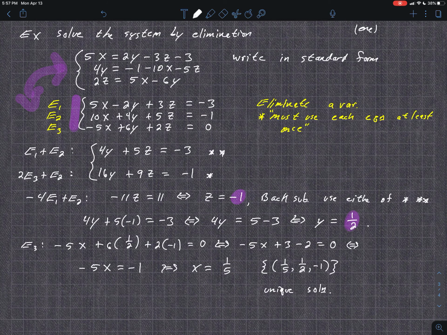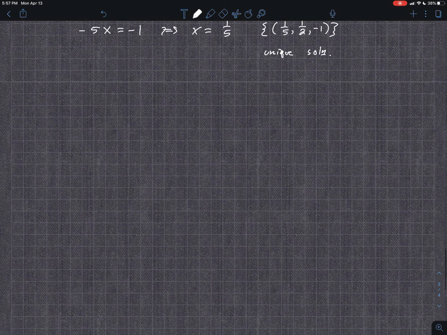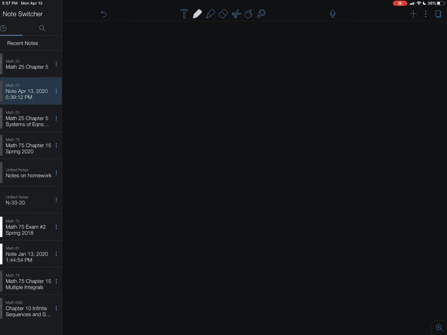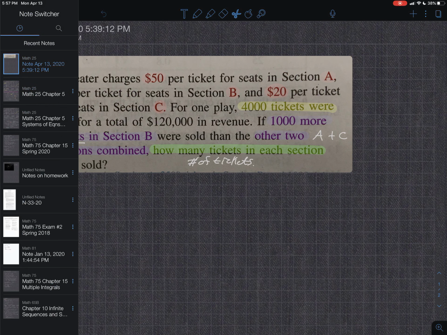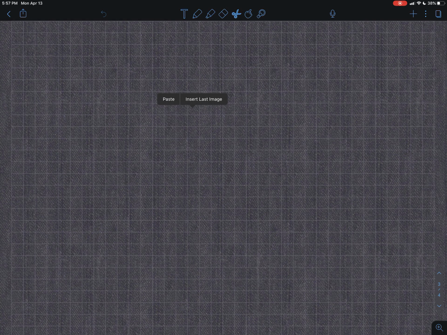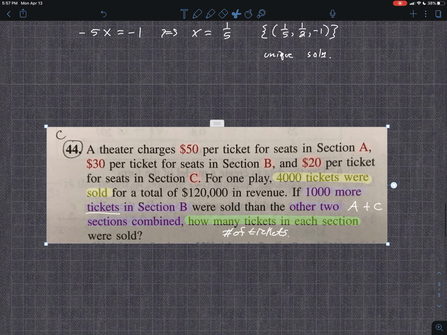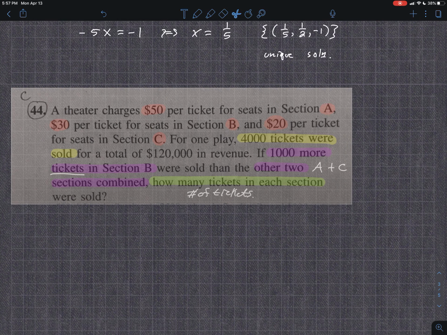Okay, let's continue. Let's do an application. So we're going to do an application. I'm going to grab the question in my little holding thing here. So here's the question. I'm just going to copy that and bring it back. Okay, so we're going to paste that here, and here's the question.